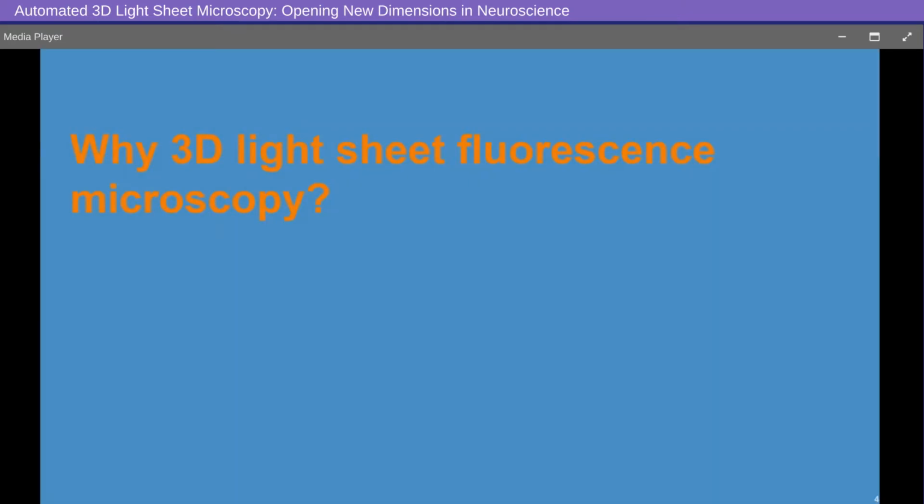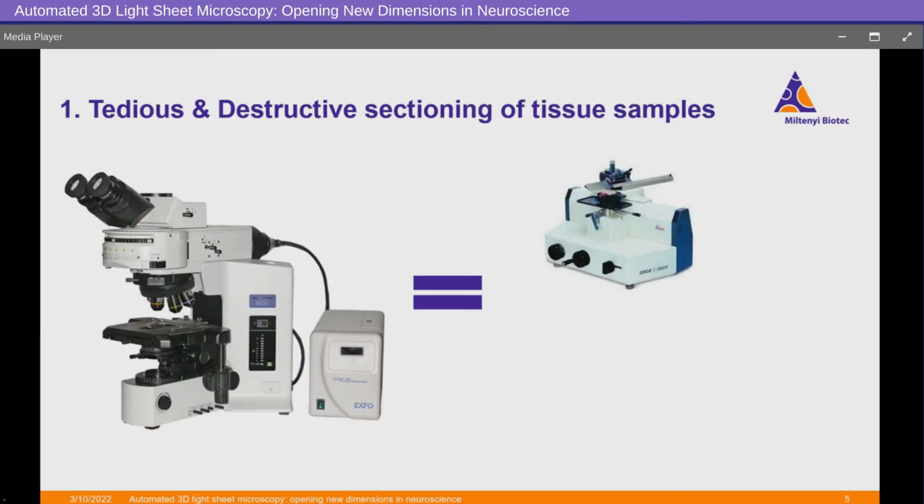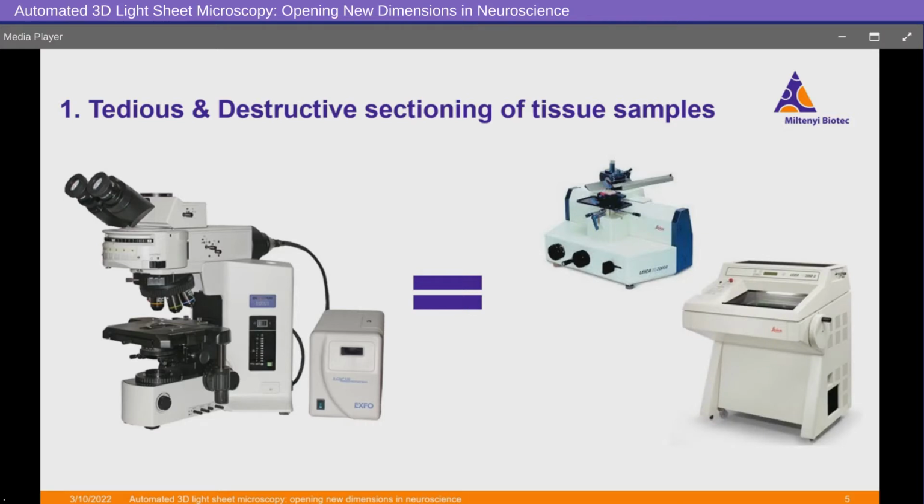But how might this imaging technology be important or benefit you in your imaging workflow? If you are currently performing traditional wide-field microscopy, you are likely quite familiar with these tissue sectioning instruments. As you know, opaque tissues can be cryosectioned into very thin slices, something around 10 to 20 microns, which ultimately makes them translucent.